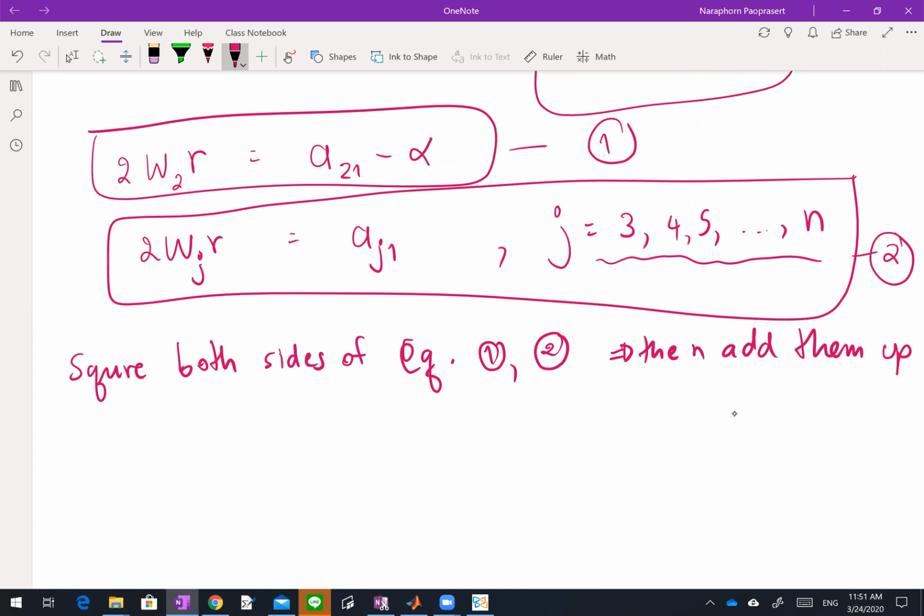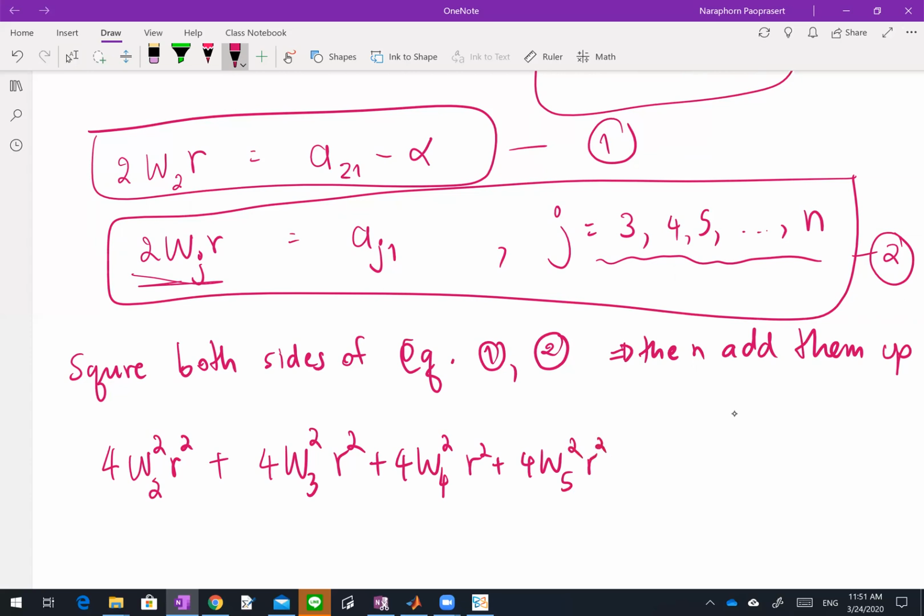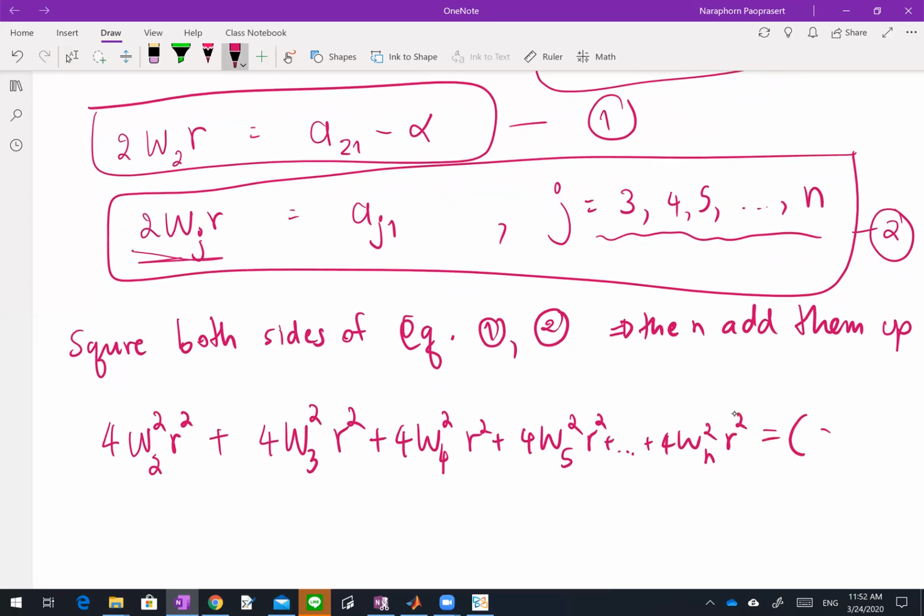So for equation number 1, you have 4w2 square r square, plus the left-hand side of equation number 2, which is just 4w3 square r square plus 4w4 square r square plus 4w5 square r square plus until plus 4wn square r square, and this is equal to a21 minus alpha, everything square, plus a31 square plus a41 square plus up until an1 square.